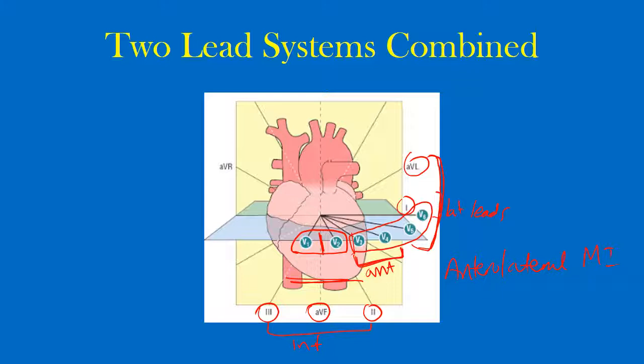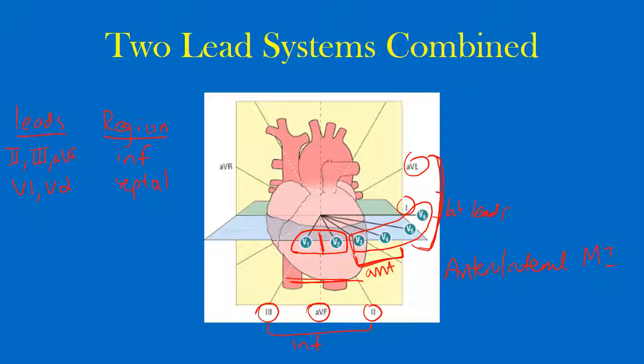Okay, so let's just review this one more time. Let's say we have the leads here, and then the region of the heart that's affected, or that lead indicates best. So if we look at leads 2, 3, and AVF, we said these are the inferior leads, right? We said V1 and V2 will be the septal leads.